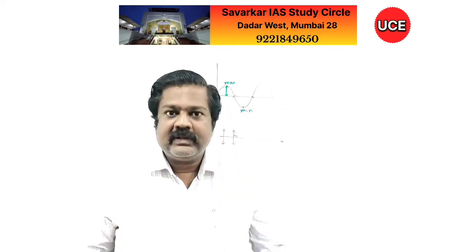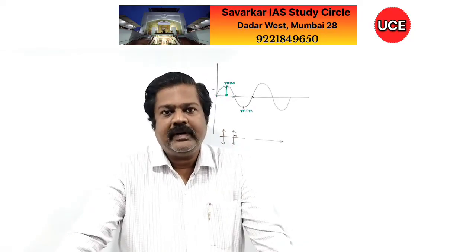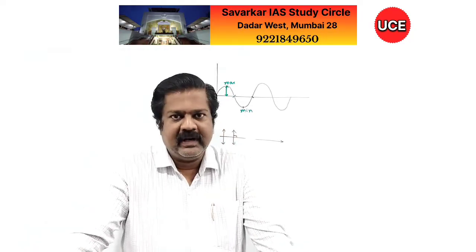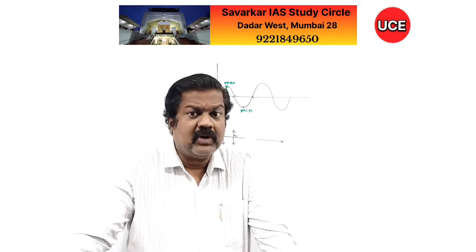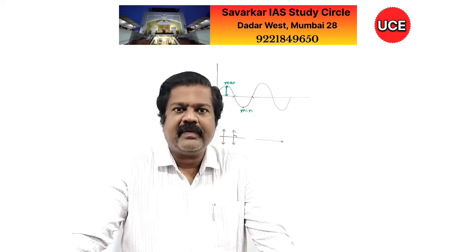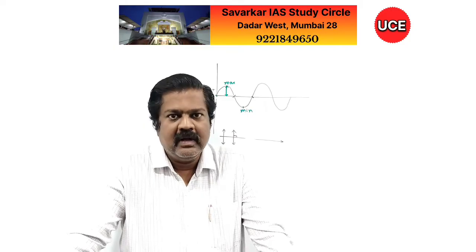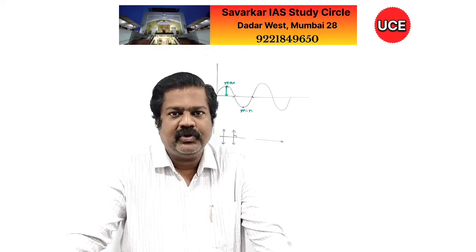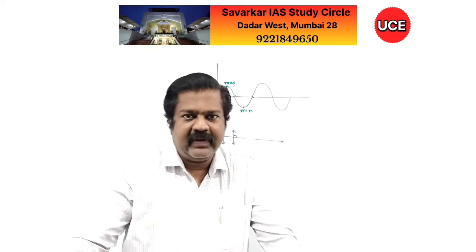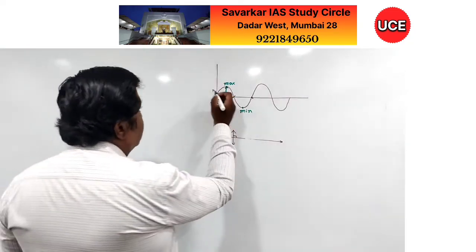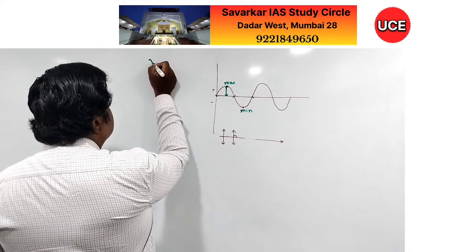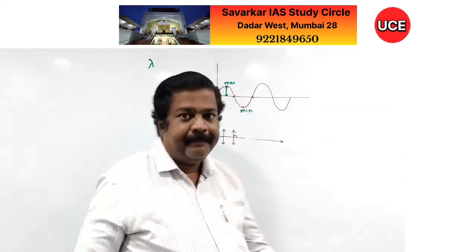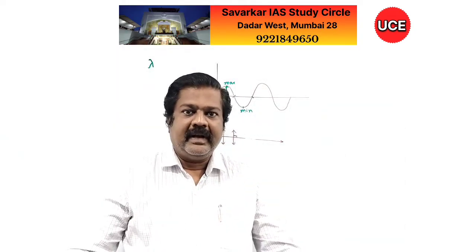When we discuss this topic in physics, we will discuss it in more detail, because this is not the only definition. Several other definitions are also there. But right now we can consider the distance between alternate mean positions as the wavelength. Wavelength is denoted by the letter lambda, like an inverted y.